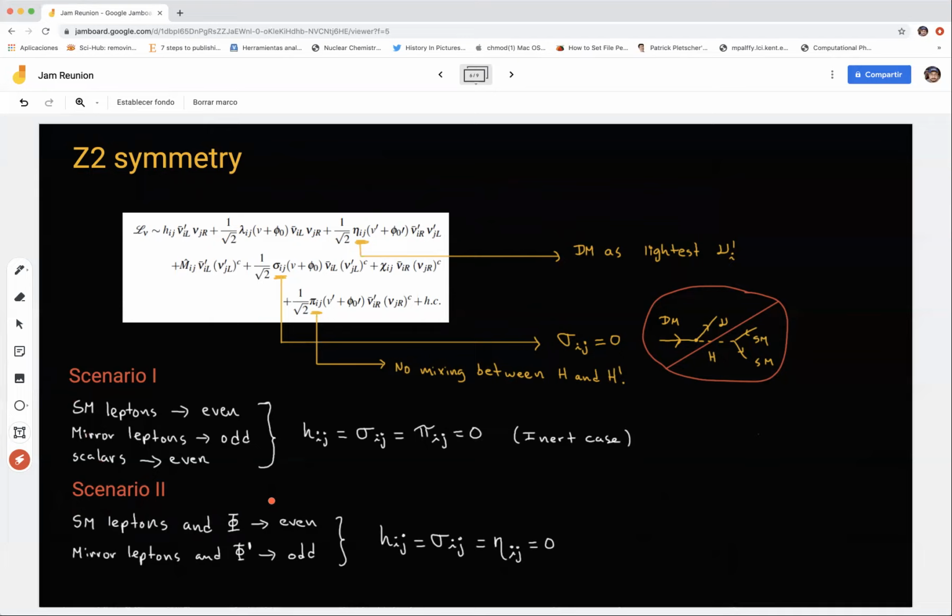In both scenarios, the assignment has been such that the standard neutrinos left and right are even, while the mirror neutrinos are odd.